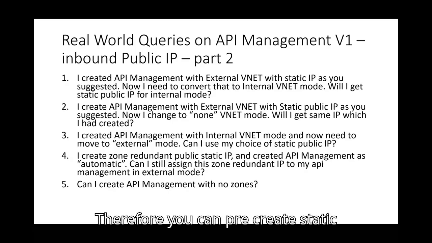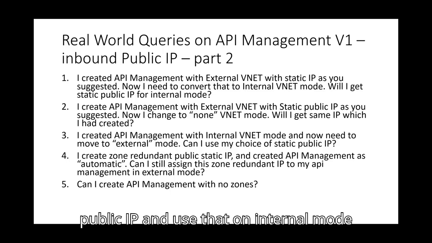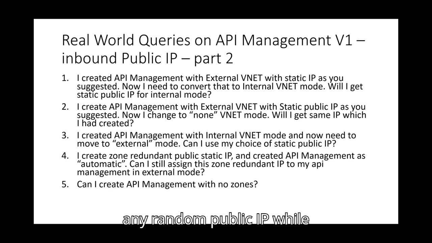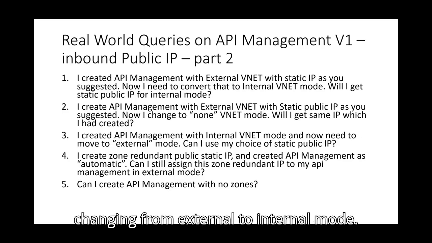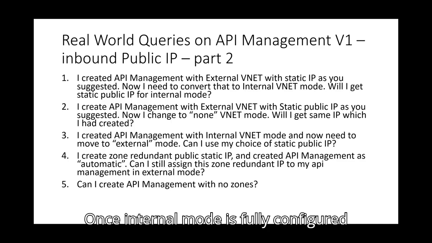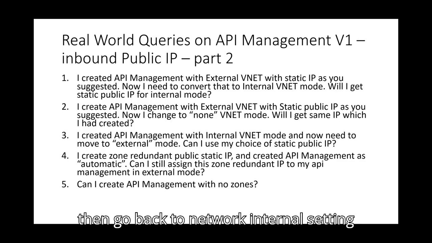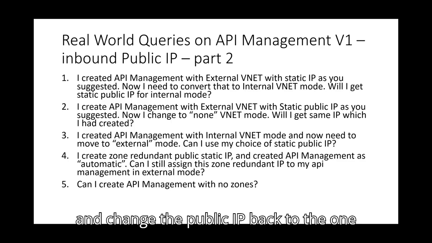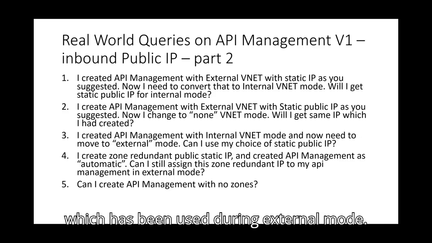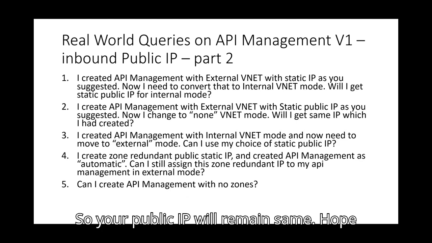Therefore, you can pre-create static public IP and use that on internal mode. Or you can use any random public IP while changing from external to internal mode. Once internal mode is fully configured, then go back to network internal setting and change the public IP back to the one which has been used during external mode. So your public IP will remain the same.